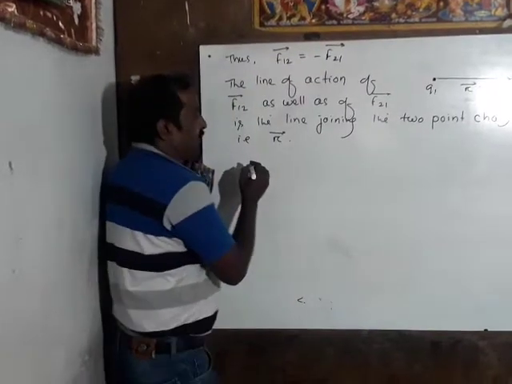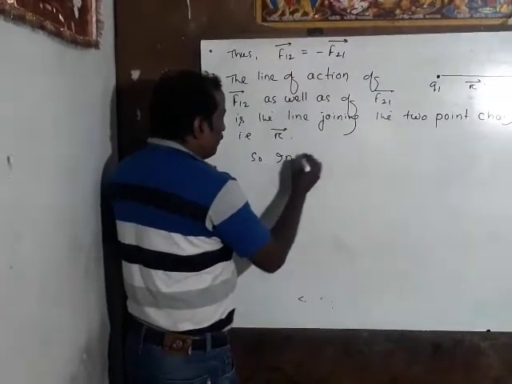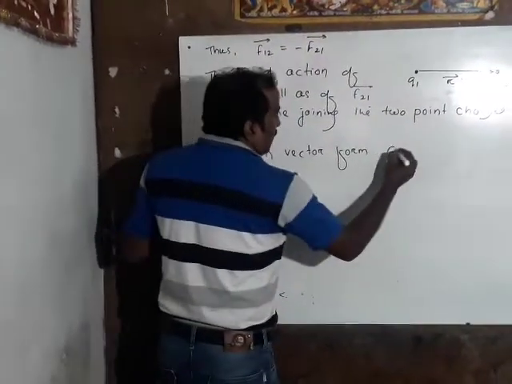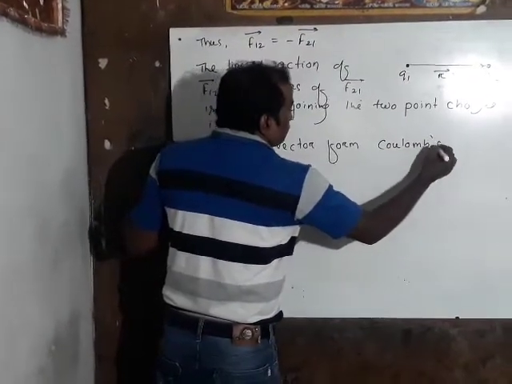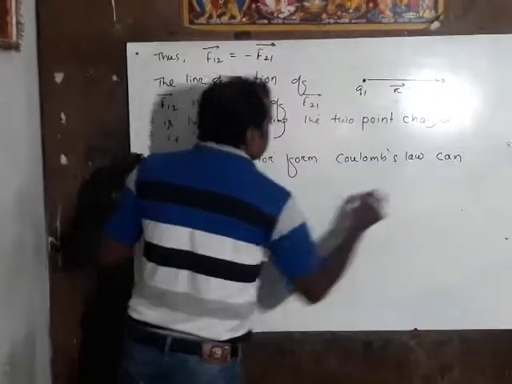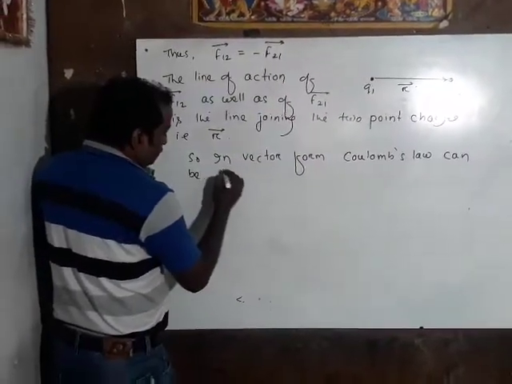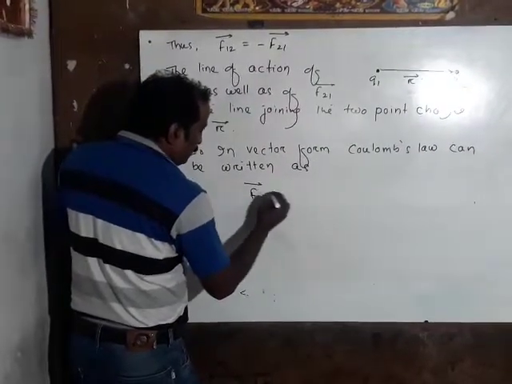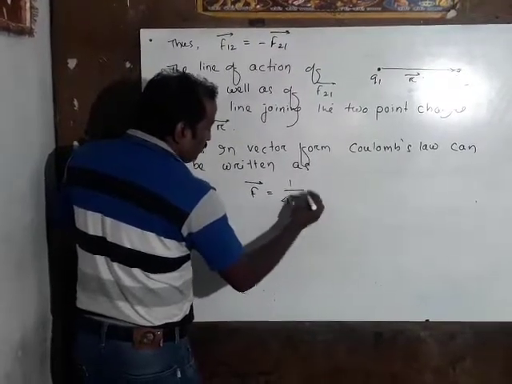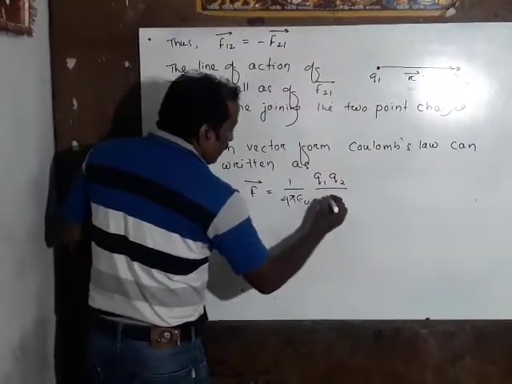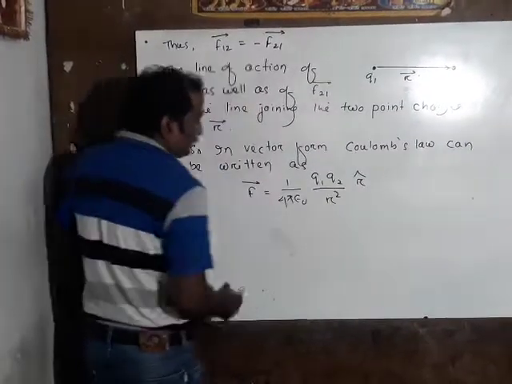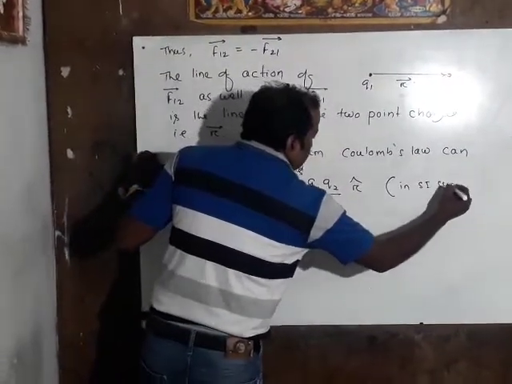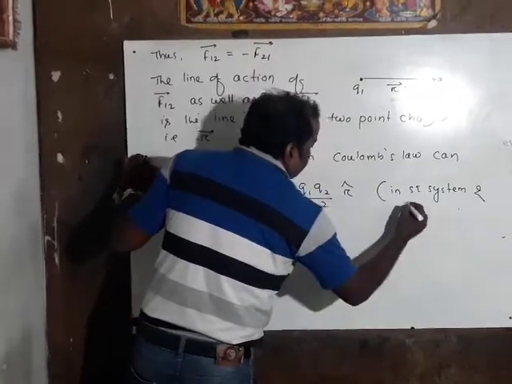So in vector form, Coulomb's law can be written like this: F equals 1 by 4 pi epsilon 0, Q1 Q2 by R square, R cap, in the SI system and in vacuum.